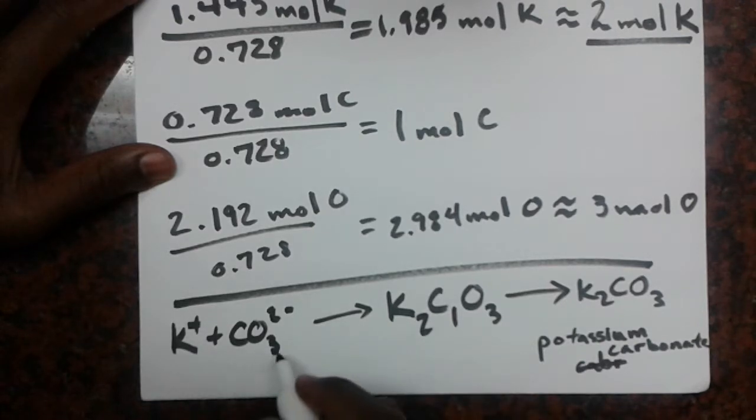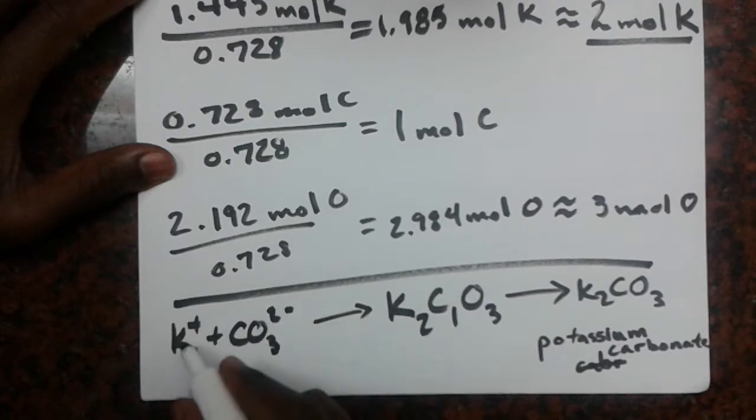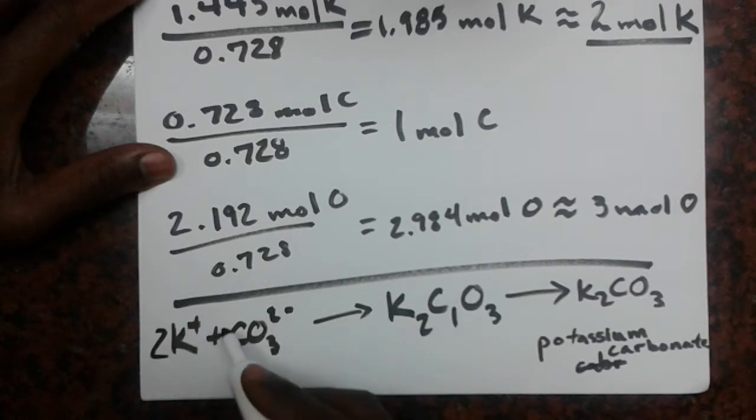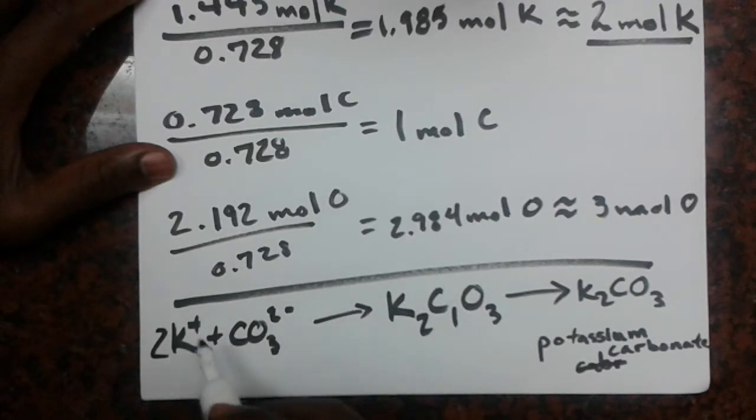This is a polyatomic anion, and you would need essentially 2 potassiums to have an equal charge with the carbonate ion.